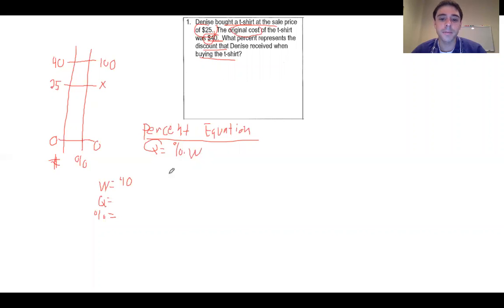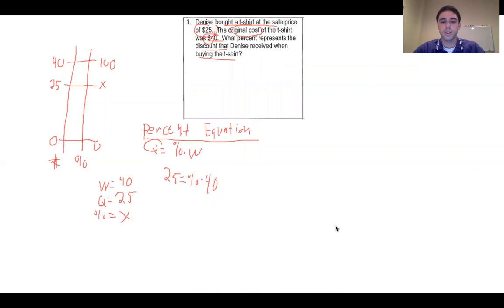The part, or our quantity, is going to be 25, and our percent is going to be X. That's our unknown. Now we plug in each of our values, and we get 25 equals percent times 40.